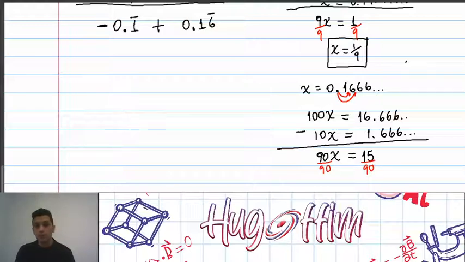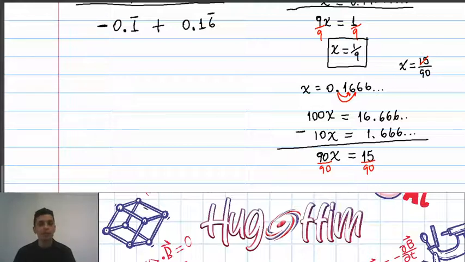I'm going to use this space to simplify. 15 over 90, I can simplify by 3. Actually, I can simplify by 15. I can simplify by 3 and 5, so by 15.